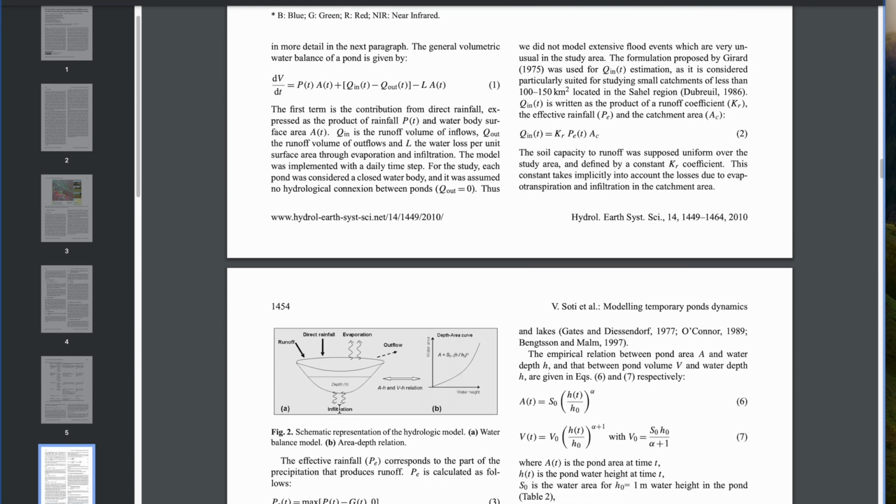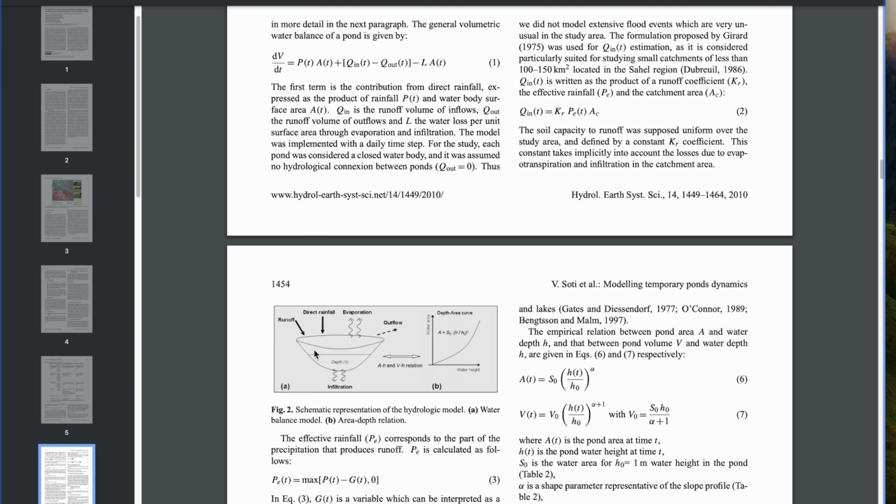mathematical equations and everything, but the basic idea is that you have a rainfall event going on, which causes this runoff to happen.